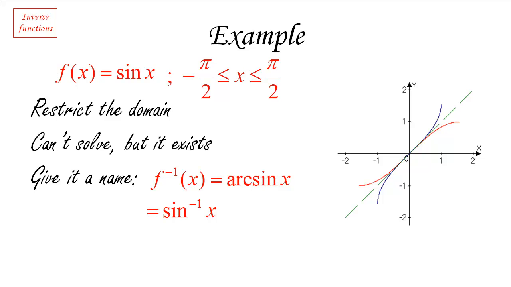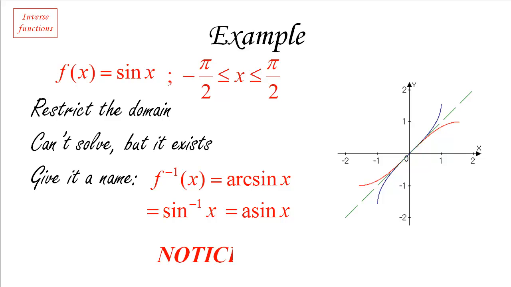It represents the inverse, not the reciprocal. I'm going to come back to that in a second. Also, you're going to find on some calculators that it is also denoted by a sine x. So either one of these names, but basically it's a new function and we don't have a formula for it. All we know is that it is the inverse function of sine x, and this is something that we're going to have to do in more than one situation.